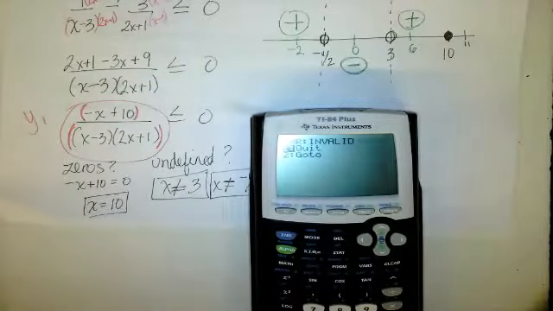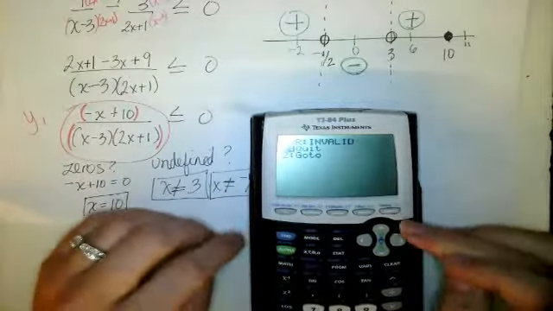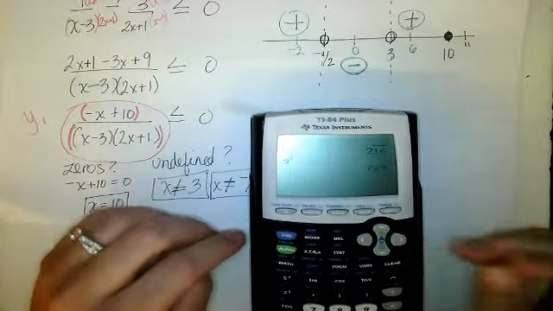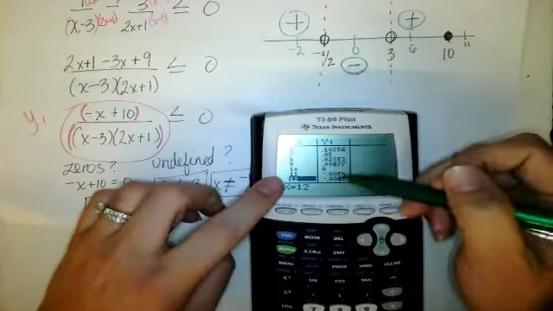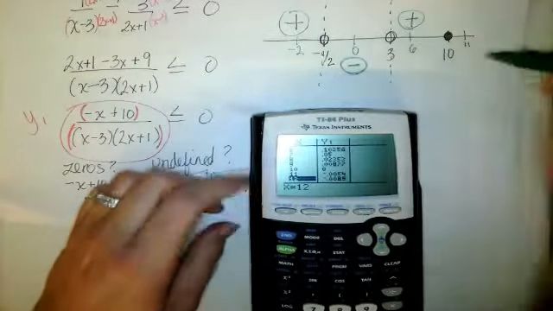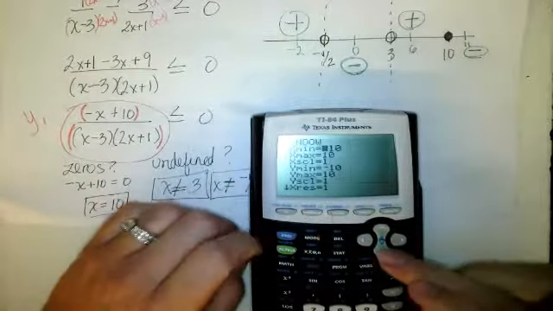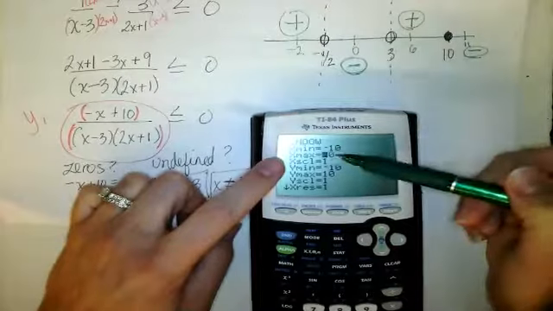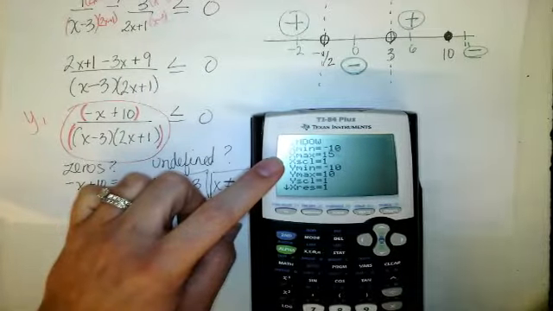I have to extend my graph. Oh, I could go to the table. That's very good. I could go to the table, and I see that we are beyond 10. We're negative land. That's a very good solution. You might also extend your window. Our window stops at 10, so I can't do anything beyond 10. Yeah, it is negative.